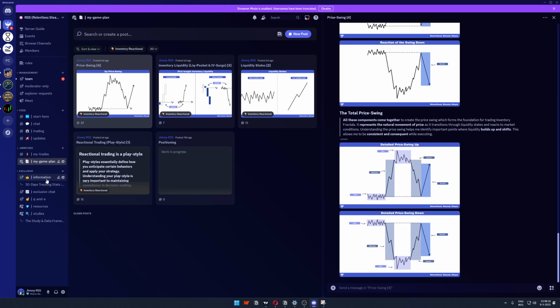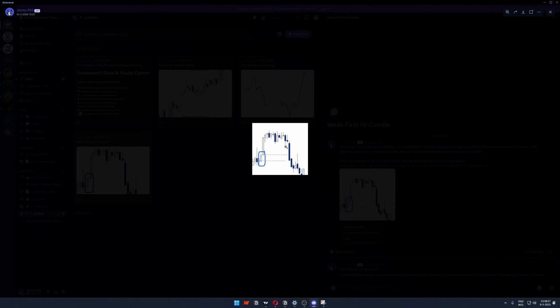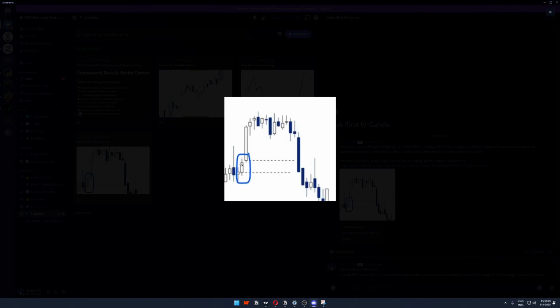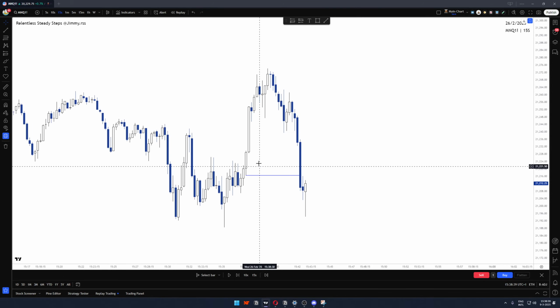That's also visible in the Discord. And in the Discord I have some studies active here, which is, for example, the first week inventory. So if we have a weak first candle that releases in a low liquidity state, that is a lower probability of reacting. So this stacks up the evidence again.